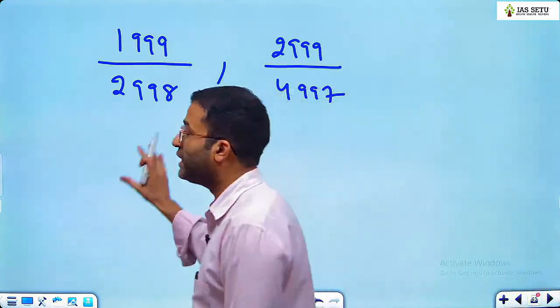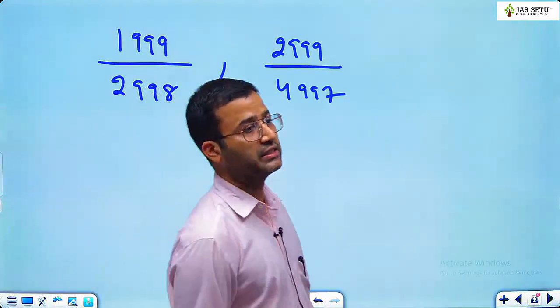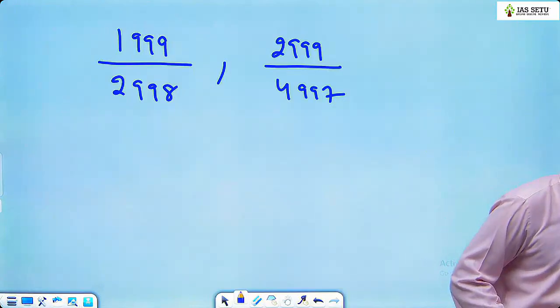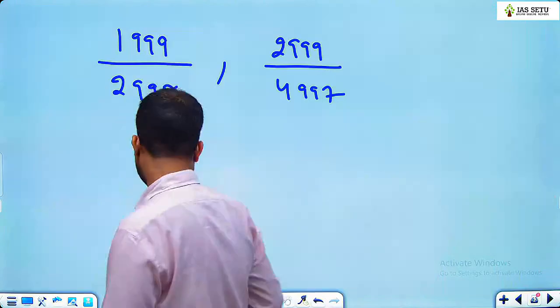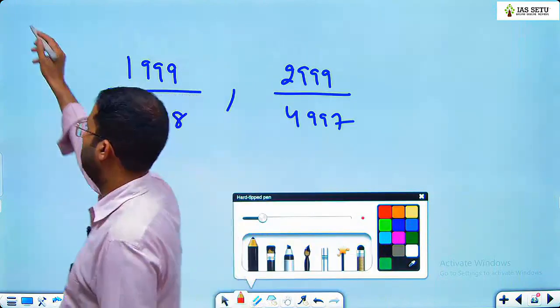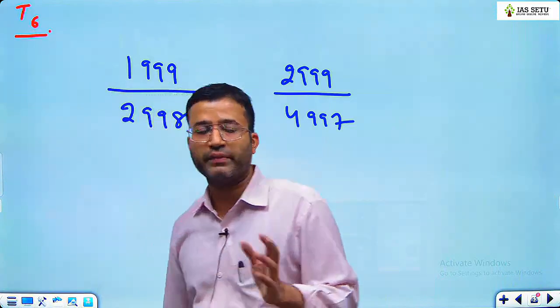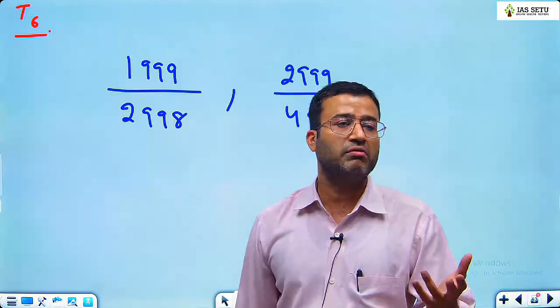So the main problem with the cross multiplication method is multiplication itself. If there are bigger numbers, multiplication will be time consuming. That is the problem. So for that we have our type 6, which we mainly apply in questions where our shortcuts will not work.